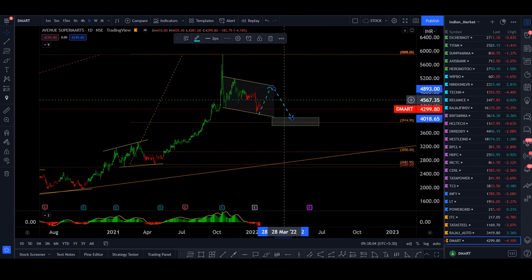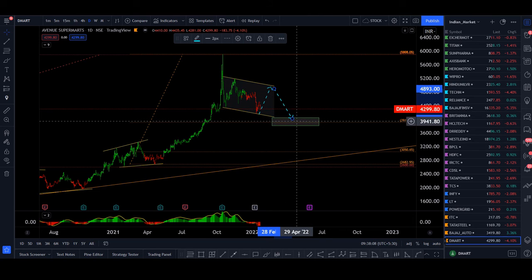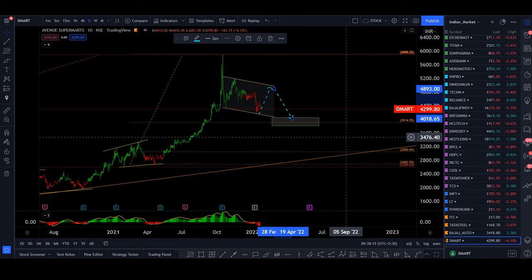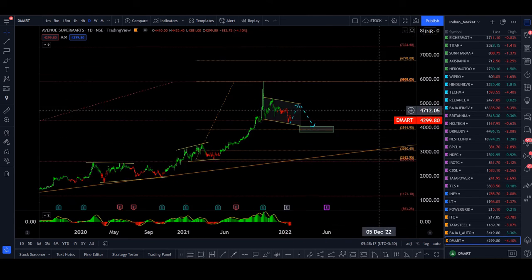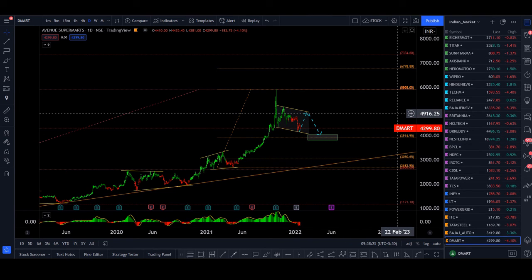There is no trade idea here. So possibly it can go up and then come back to the 4,000 level, or close to the 3,900 level, and then maybe it might have a bigger up move. So yep, this is the trade or stock setup at this point.